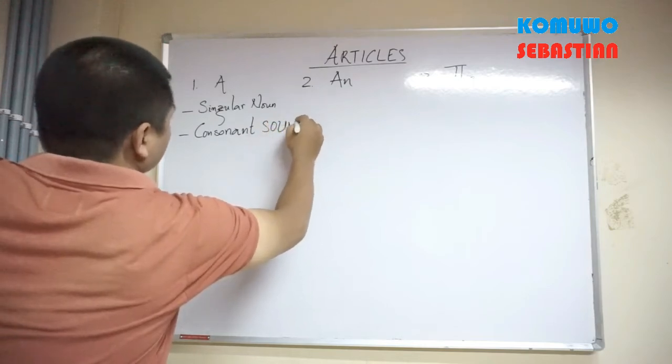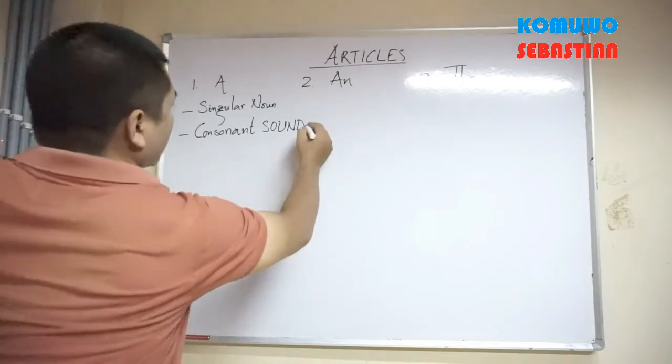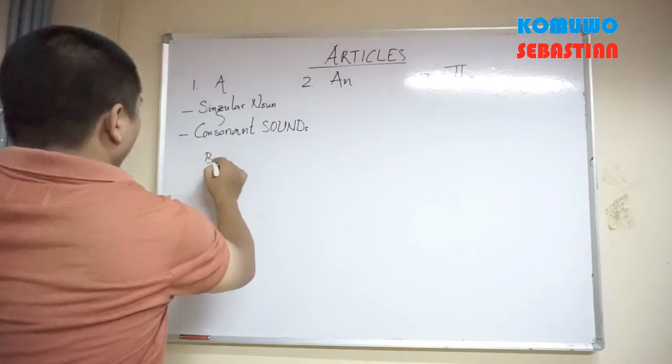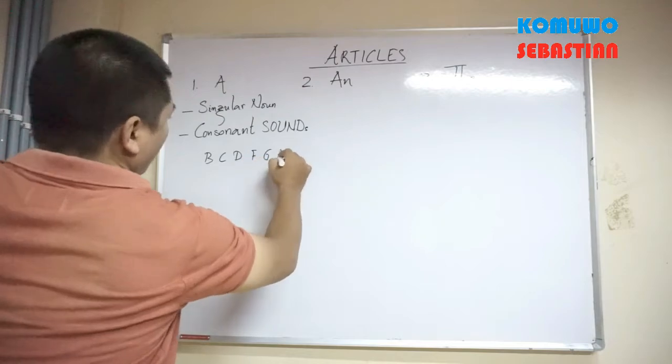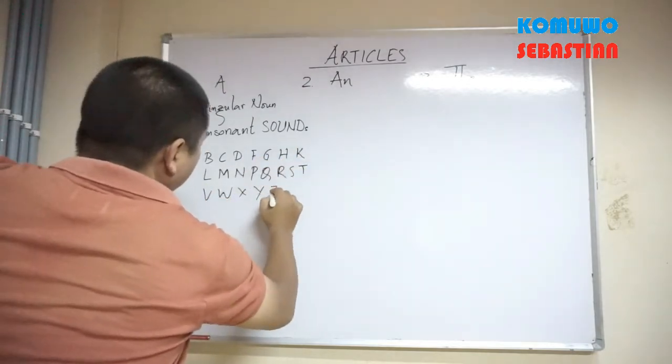And what are some of the consonant sounds? For example, B, C, D, X, Y, Z.